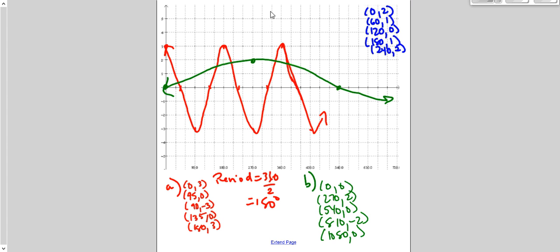So this is C. 0 and 2 is here, and then 60 and 1 is there, and 120 and 0 is here. And then 180 and 1 is here, and 240 and 2 is here. So there we go, right there.